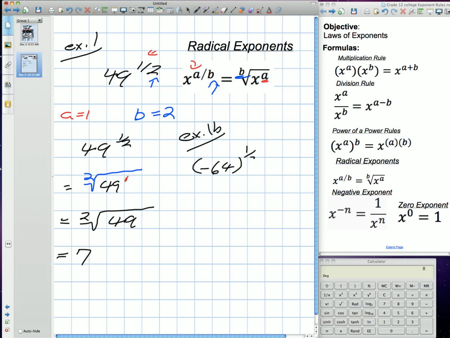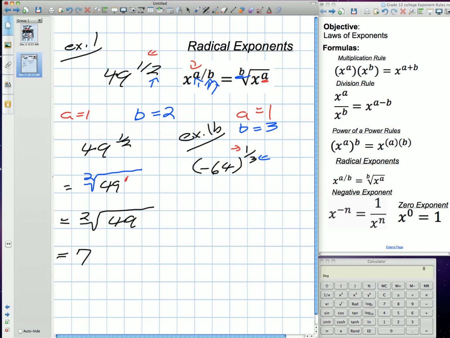Our a value here is 1, and our b value is the number 3. We're putting a and b because the one on top is the a, just like we have here, top of the fraction, and bottom of the fraction is b. We're talking about fractions right now as exponents.